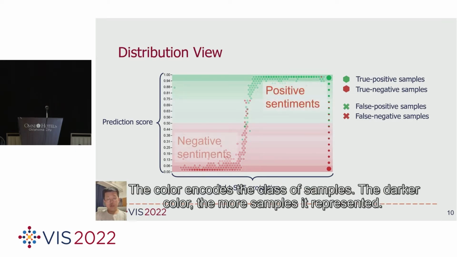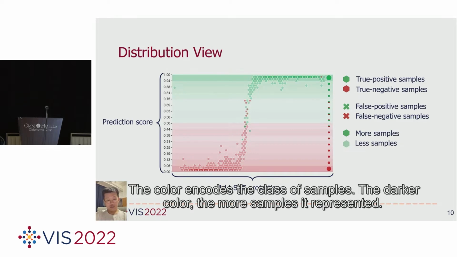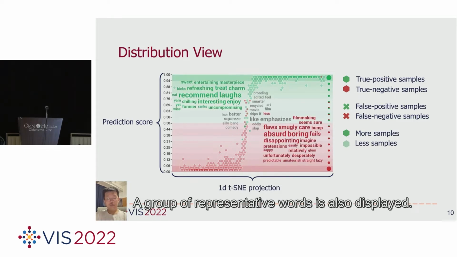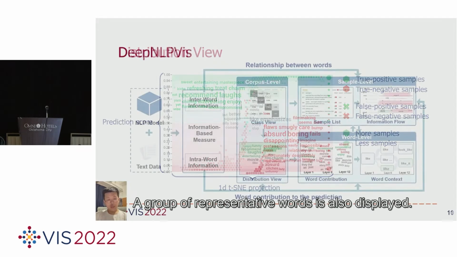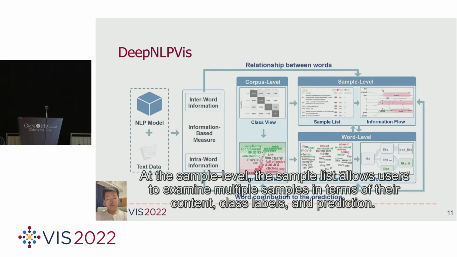The color encodes the class of samples. The darker the color, the more samples it represents. A group of representative words is also displayed. At the sample level, the sample list allows users to examine multiple samples in terms of their content, class labels, and predictions.